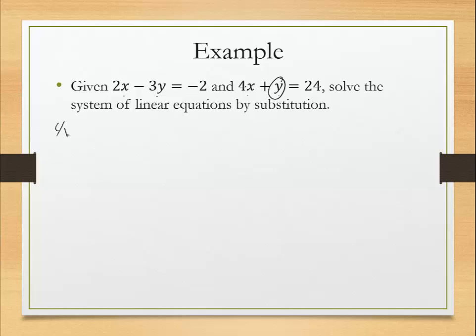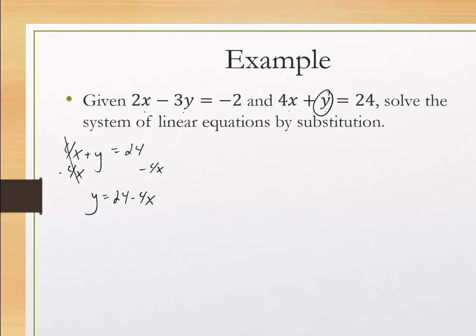We have 4x plus y equals 24, and we want to get y by itself. So let's go ahead and subtract 4x from both sides. And we'll be left with y equals 24 minus 4x. Now, using substitution, plug our variable back into our first equation.